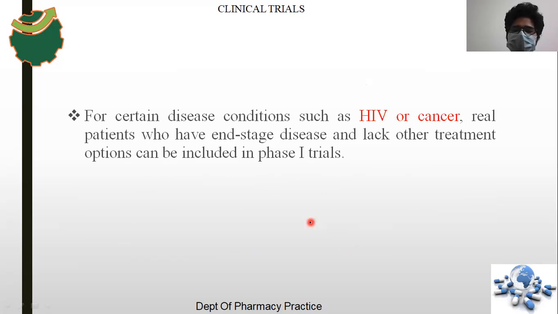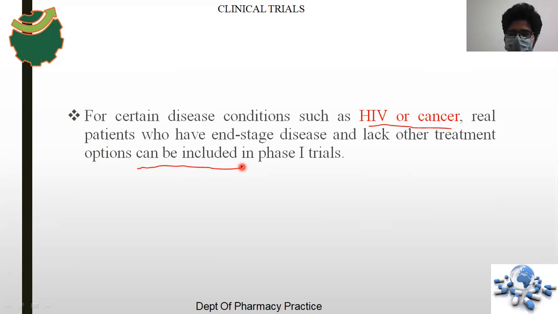Like we were already discussing, we don't include healthy volunteers in any trials dealing with HIV or cancer, right? The same thing is said here. For certain disease conditions like HIV and cancer, real patients who have end-stage disease and lack other treatment options can be included in phase one trials.